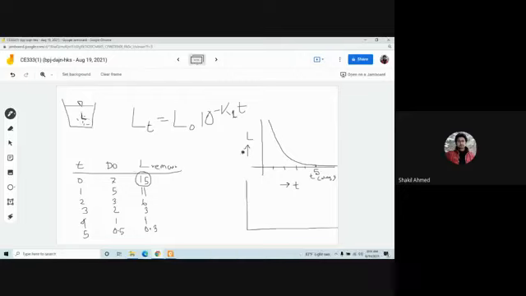Now, you started from here at time t equals 0, where it was around 15. Here is 15. You need to know this, guys. Okay?